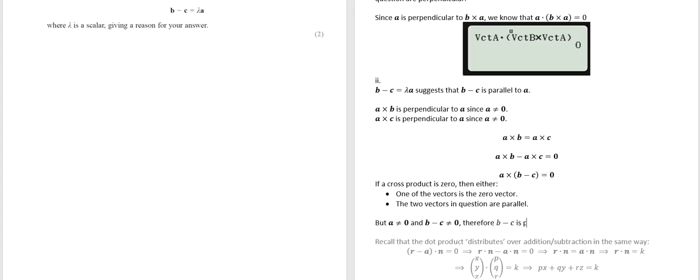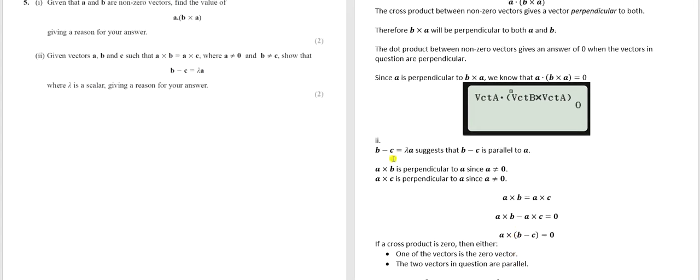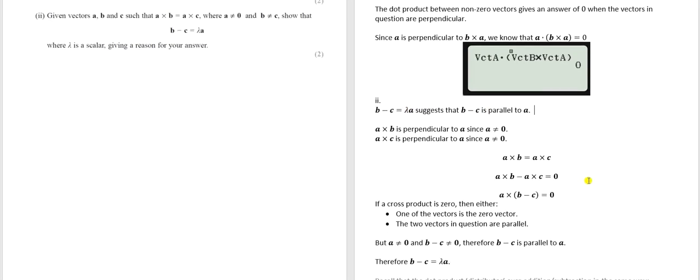Therefore, B minus C is parallel to A. And the final, therefore, B minus C must be equal to lambda times A. This follows directly from the fact that they're parallel. As we said right at the beginning, B minus C equals lambda A suggests parallel between the two.